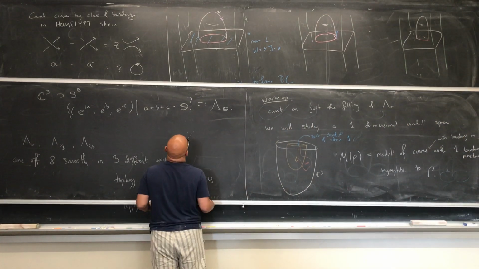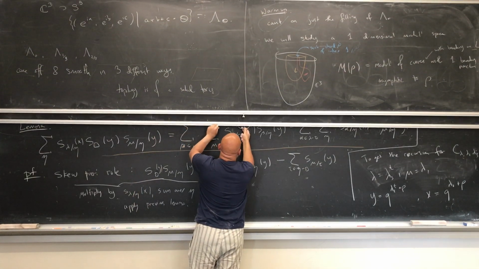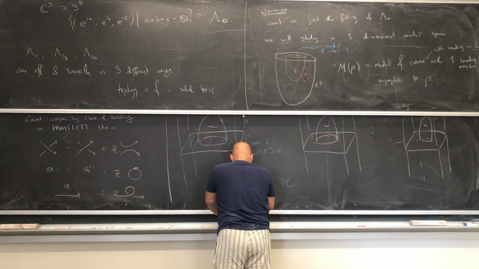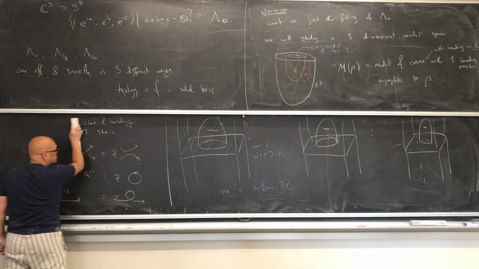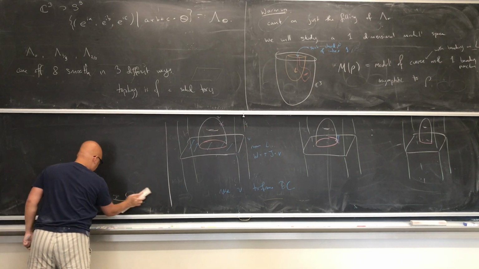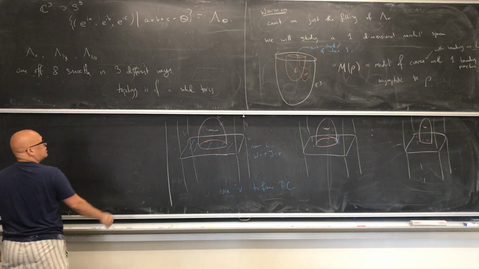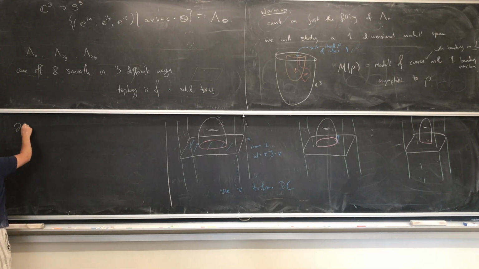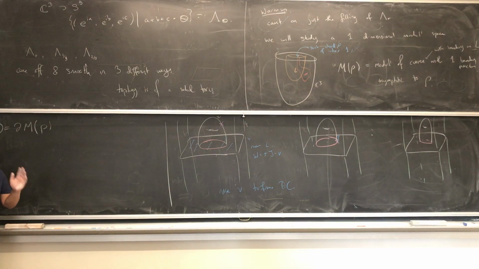What is the boundary of that moduli space? It's zero in homology. When you count points of the boundary, it's zero.